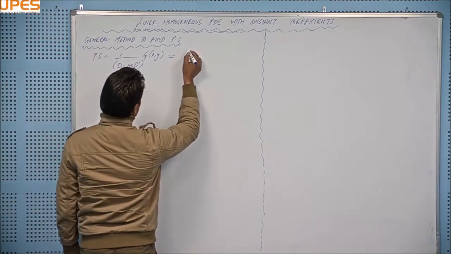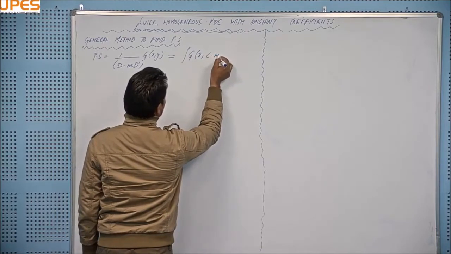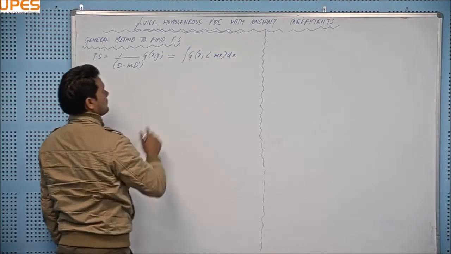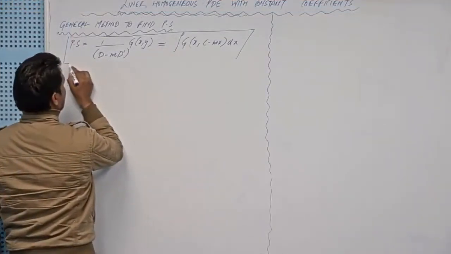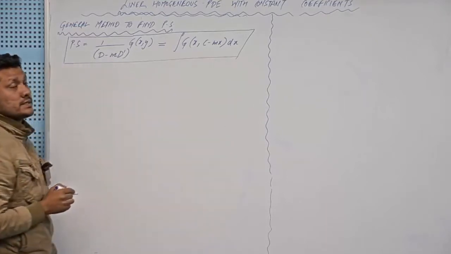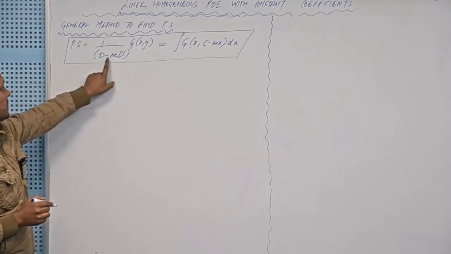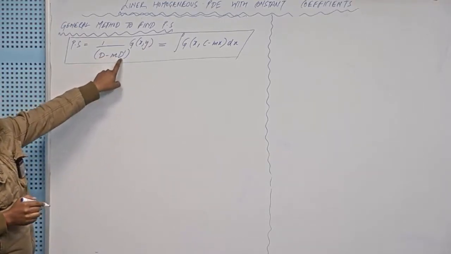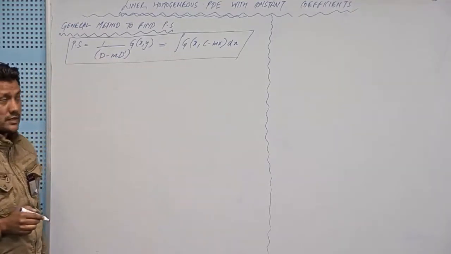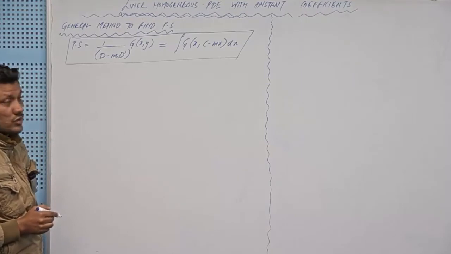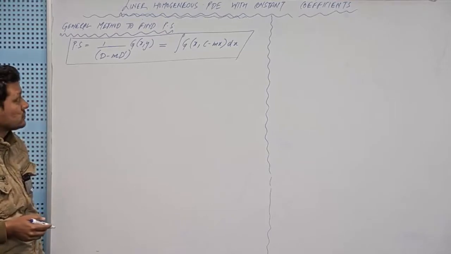Notice this formula: integral G x comma c minus mx dx. This is the formula. It just replaces y by c minus mx, and integrated once because one linear factor was there, right? And those who love integration, this formula is quite handy because it only involves integration.